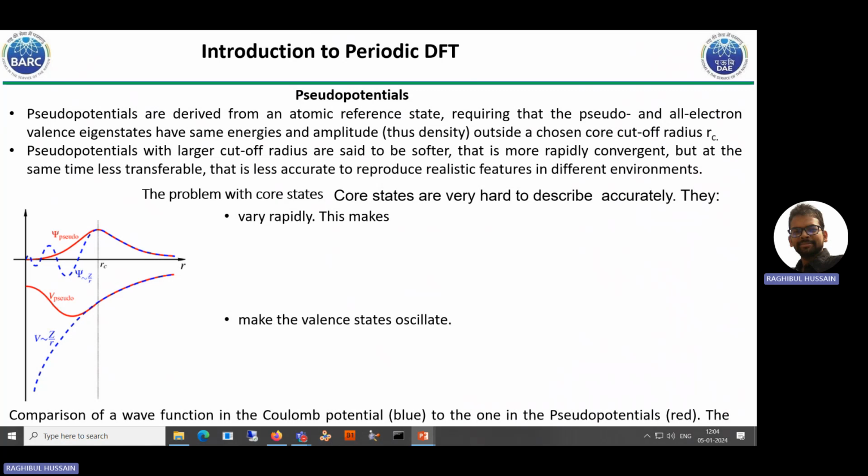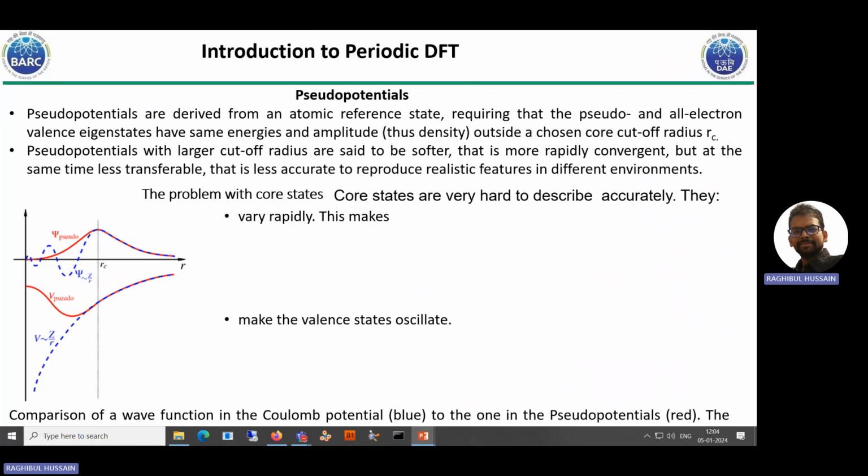For the whole system, you can develop your potential. After that, you will get some function, and then you can develop your new potential and see where the deviation starts coming. Then you cut off your potential, and use that as your new potential in your calculation, considering that the core electron does not participate in any chemical reaction. That is the basis of the cutoff.